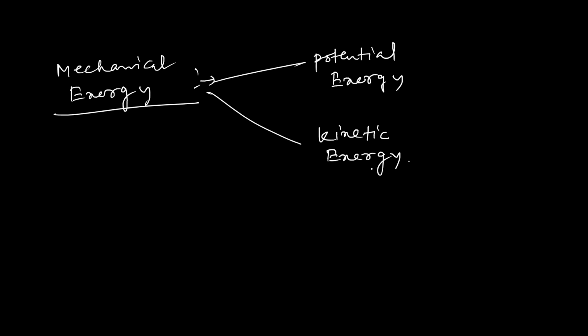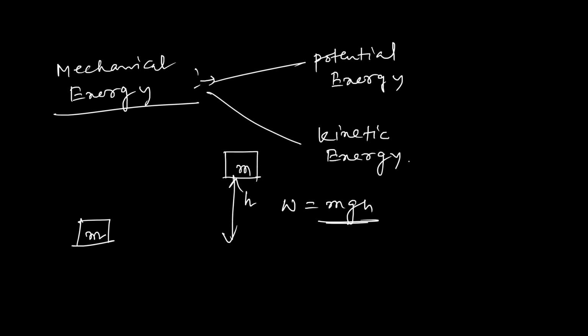In potential energy, the object is obviously at rest, but the potential energy is measured with respect to the position where the object is placed. Suppose you have an object of mass m, and you lift that object to a particular height h. Then the work done against gravity equals mgh.